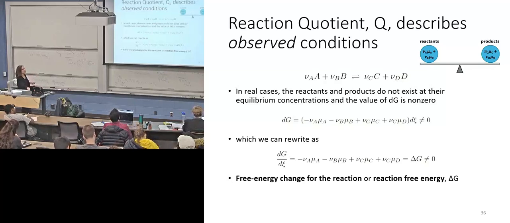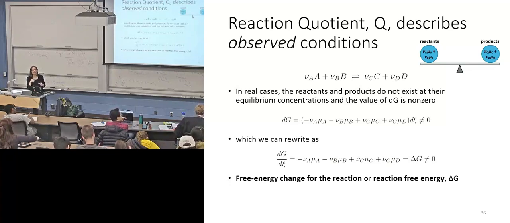So in real cases, this situation never really happens. Okay? Delta G is never actually equal to 0. It's going to be non-zero. And Q, we'll look at it on the next slide, looks very much like the equilibrium constant, but it is for observed conditions, and that's the language you want to look for when you're reading a problem.